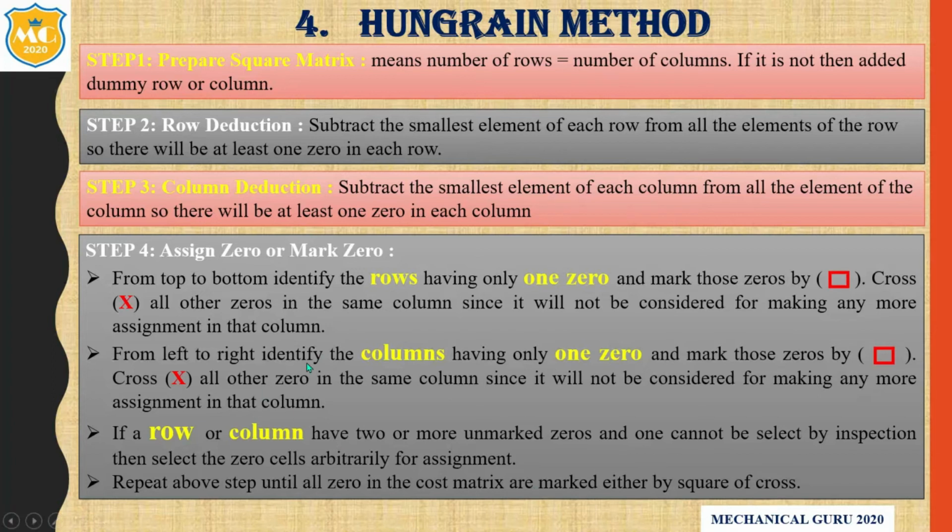Okay, so after the completion of step number 4, that is assign 0 and mark 0, we will reach two possibilities. The first possibility is there is one assignment in each row and each column. So in this case, we will get the optimal solution, or we can say the optimal assignment can be made.